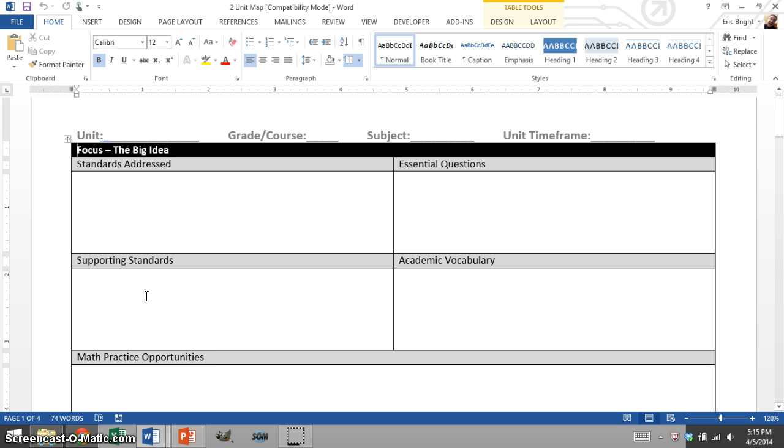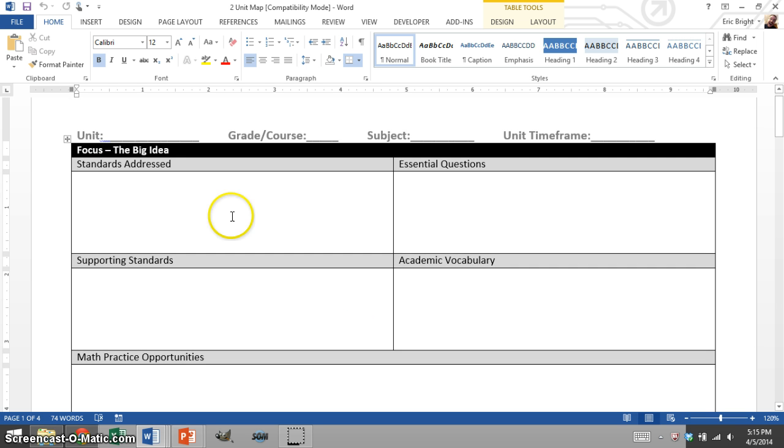You saw those on the scope and sequence document. What are my essential questions for this unit? What's the driving thought process behind this unit? What academic vocabulary do I need to really focus on to make sure that the students know this? That's also a coherence piece because it's going to help across grade levels.